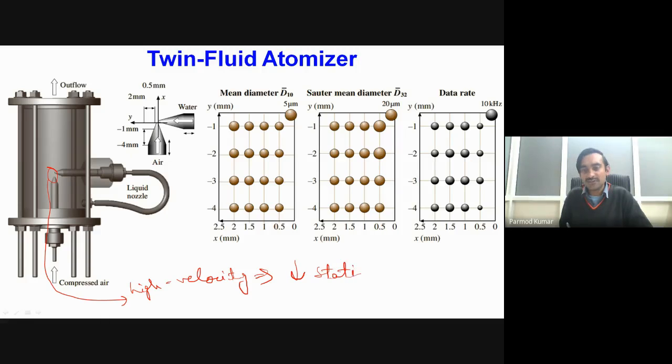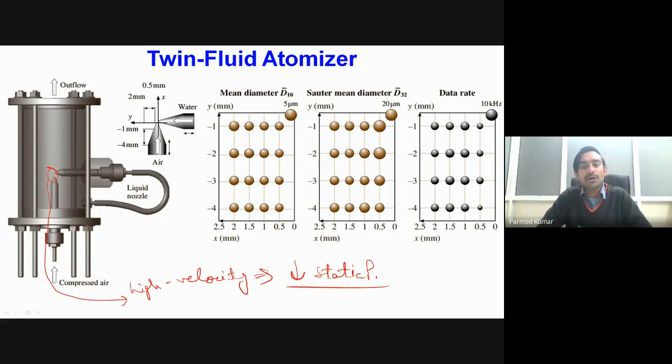Because of this drop in static pressure, the liquid will be entrained inside the air, and we will have interaction between the fast moving gaseous phase and the liquid. Because of that, a large number of liquid droplets form in our air jet, and these droplets then come out through this outlet.